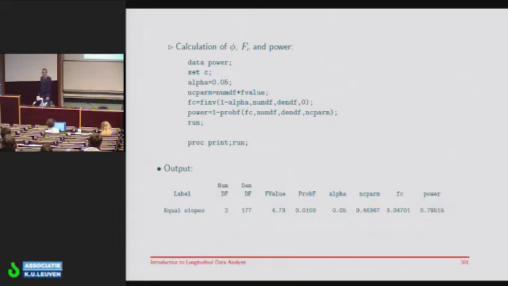And then you see that for a data set with time points as we had here in this particular situation, so 50, 60, 70, up to 110, if you would have 10 animals per group, and all these animals would stay in the study until the end, you would have 78% power to detect the differences as we have pre-specified them.